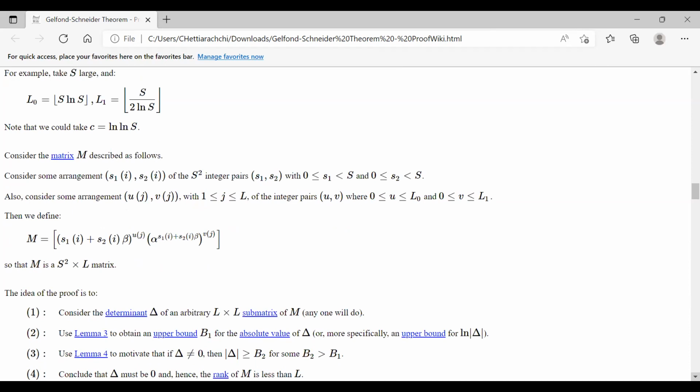This is how we construct the matrix. So we consider some arrangement of S1(i), S2(i) of S squared integer pairs S1, S2.